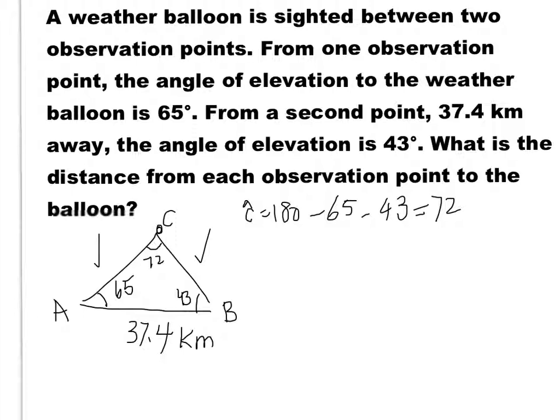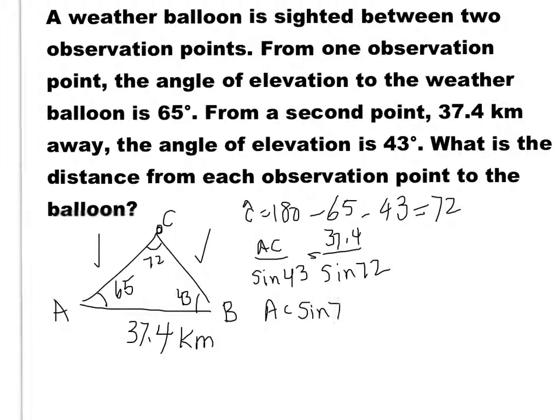So let's write the sine law for side AC. AC divided by sine 43 is equal to 37.4 divided by sine C, which is 72. Now I'm going to crisscross. I'm going to get AC sine 72 is equal to 37.4 sine 43.